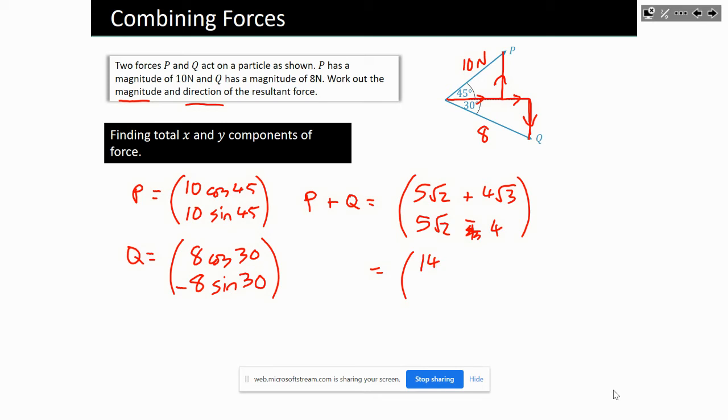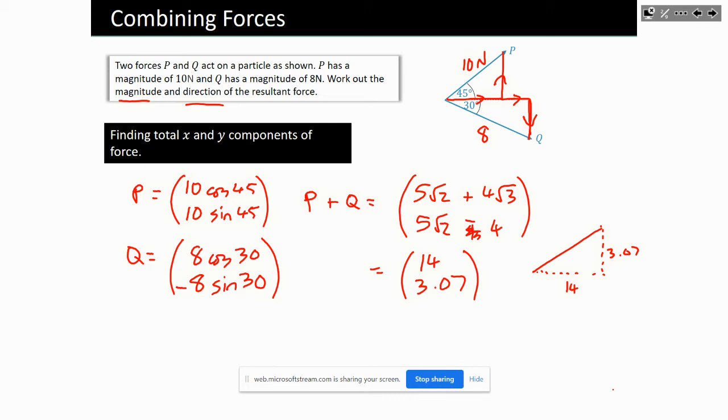And 5 root 2 minus 4 is 3.07. So both of those are positive. If I was to draw a diagram, both components are positive. So we've got 14 horizontally, 3.07 vertically. I'll use the exact values in my calculations.